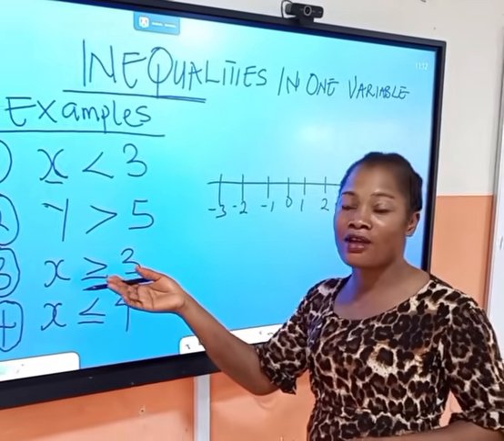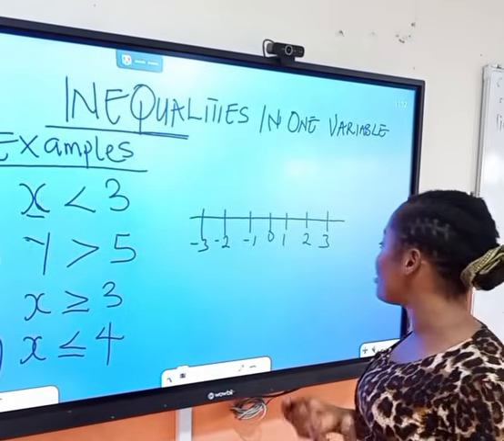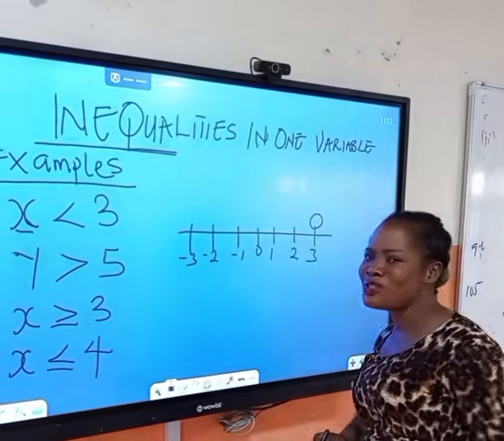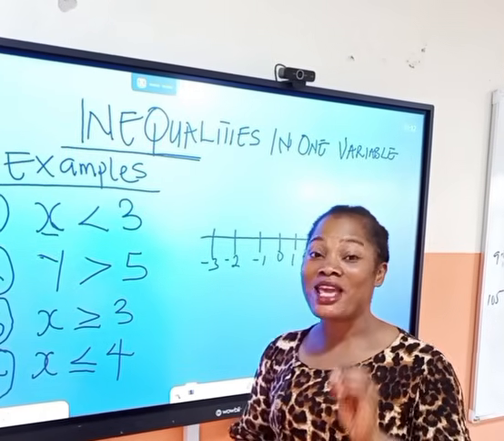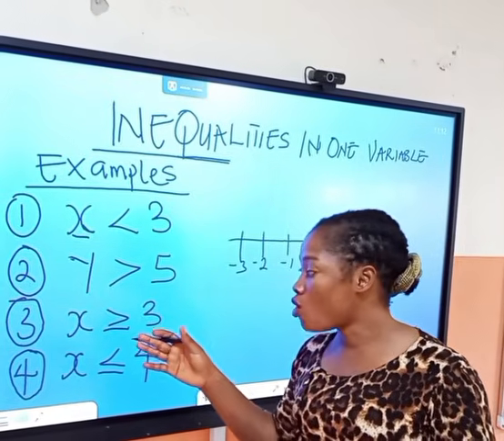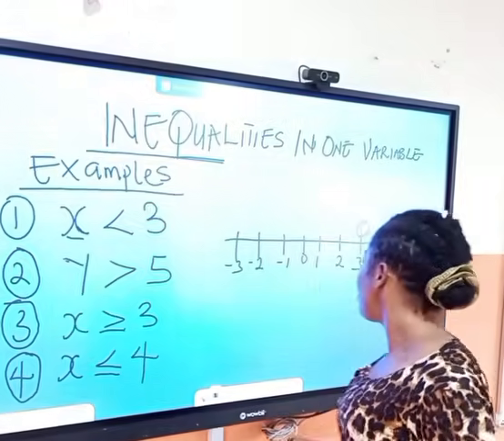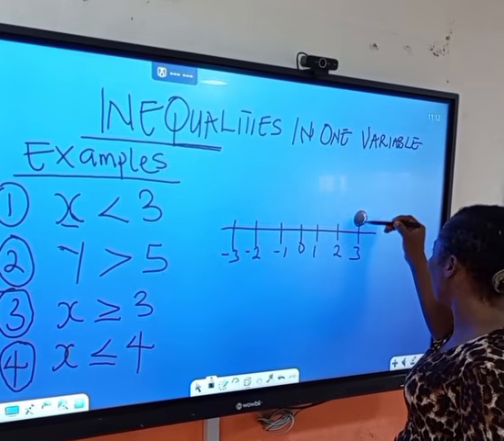x is greater than or equal to 3. You simply go to 3 and you put your knot. Is it supposed to be an open knot or a closed knot? It's supposed to be a closed knot because greater than or equal to uses a closed knot, same with less than or equal to. So I'm going to close it in this form.